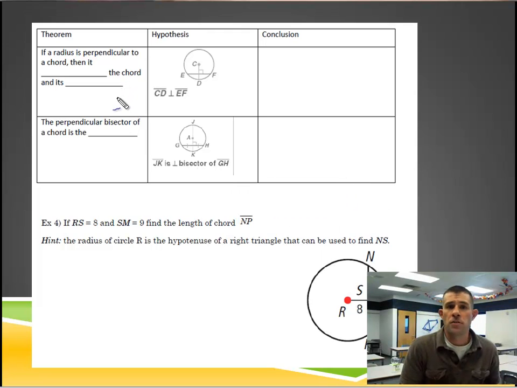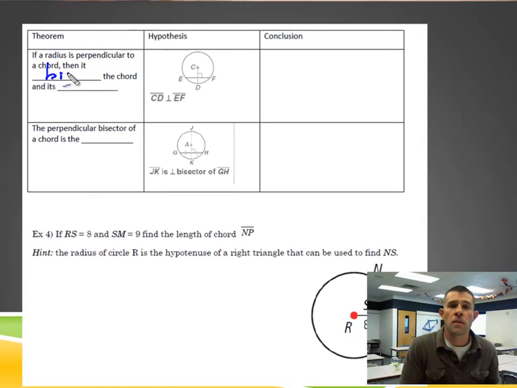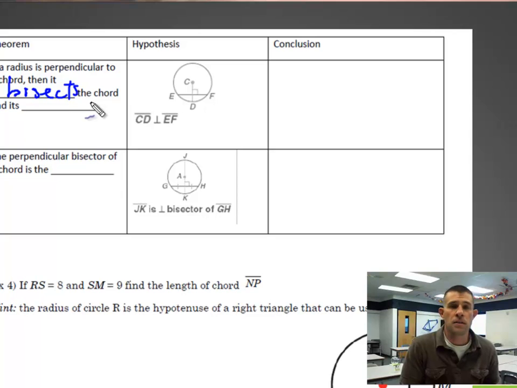In the next part of Chapter 11.2, we're going to take a look at chords being bisected. And this theorem here, this truth about circles, says this. If a radius is perpendicular to a chord, then it bisects the chord and its arc. So if you take a look at our picture here, you see that the radius CD, it's coming through and it's perpendicular to the chord EF.